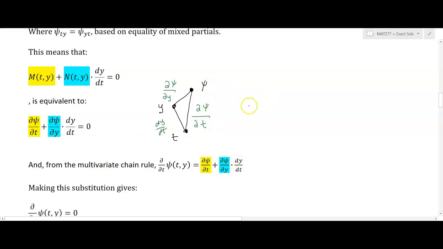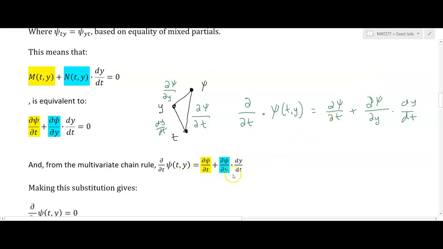So by definition, the derivative with respect to time of this psi of t, y function is equal to dψ/dt plus, following the opposite chain, we have dψ/dy times dy/dt.